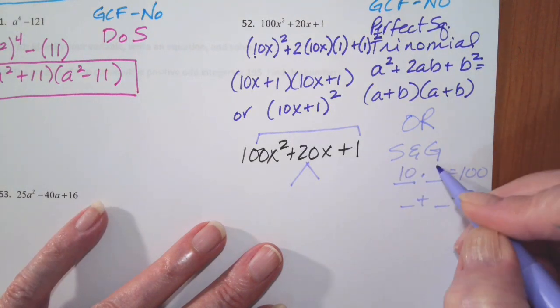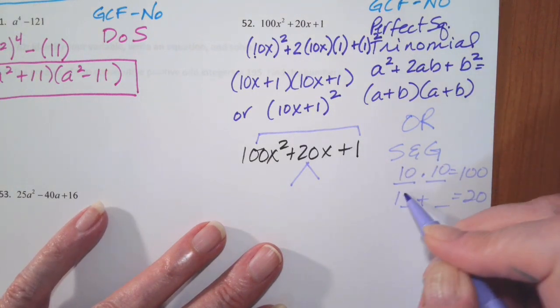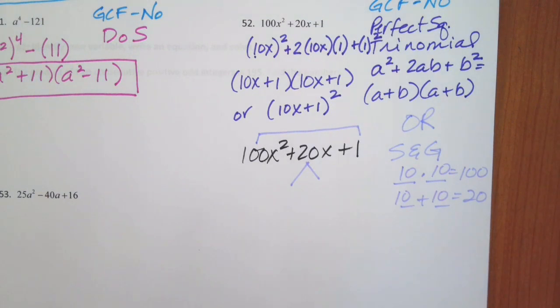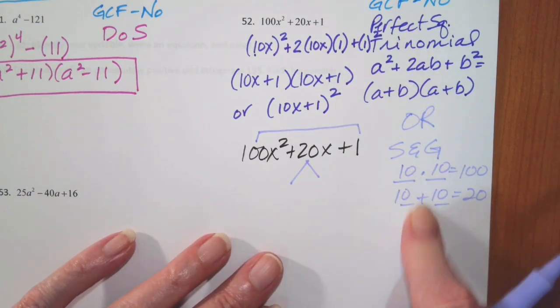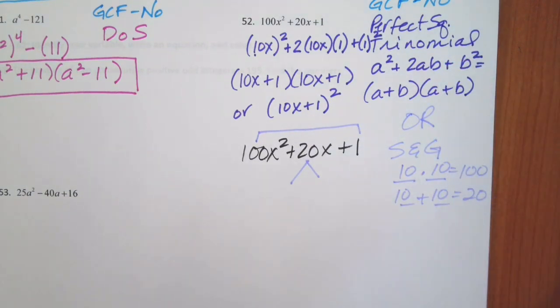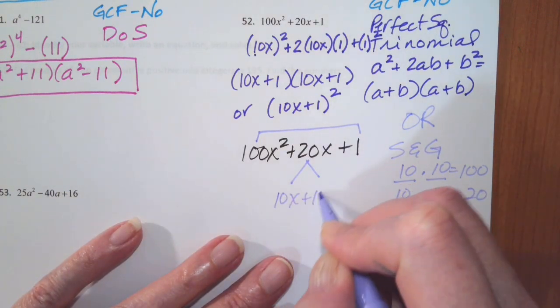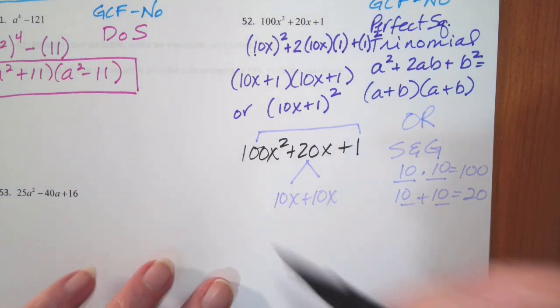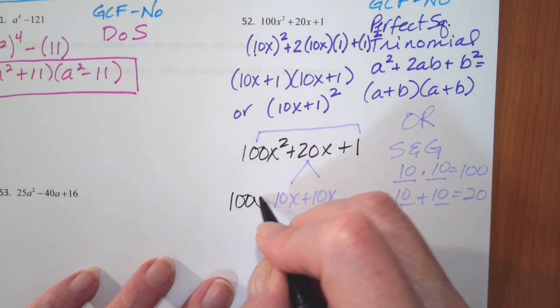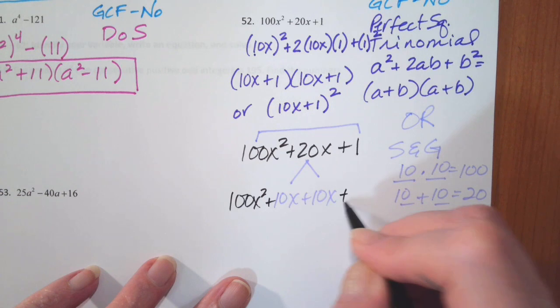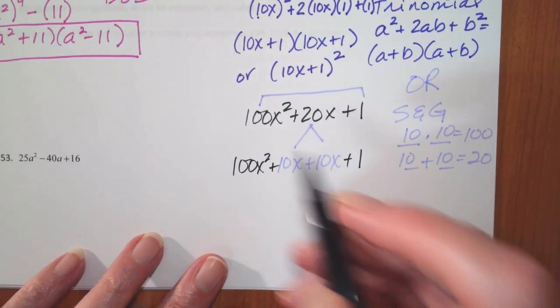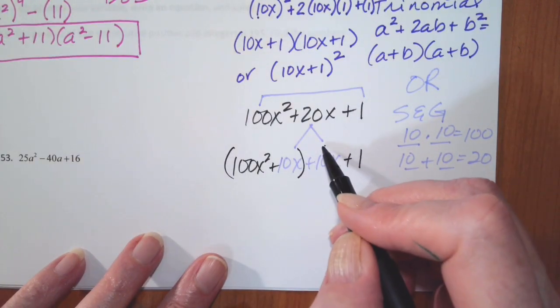Well, 10 times 10 equals 100. 10 plus 10 equals 20. If these numbers are the same, you know it's a perfect square. But still, it doesn't matter. So this becomes 10x plus 10x. Bring down my 100x squared and my 1. Now I'm split. I'm ready to group.